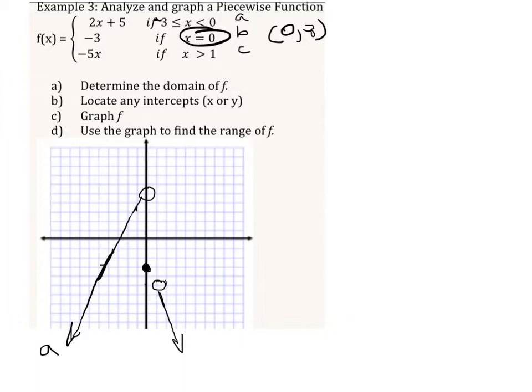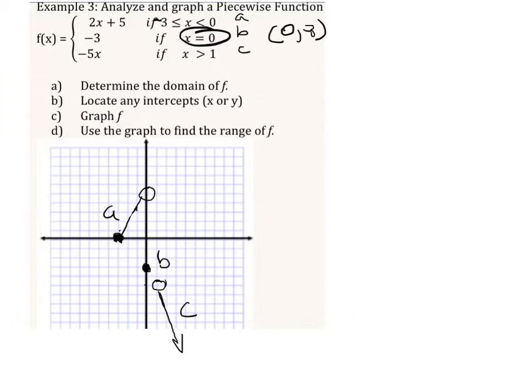And a closed dot at -3. And erase everything else. Okay. There you go. So we got function A, function B, and function C.